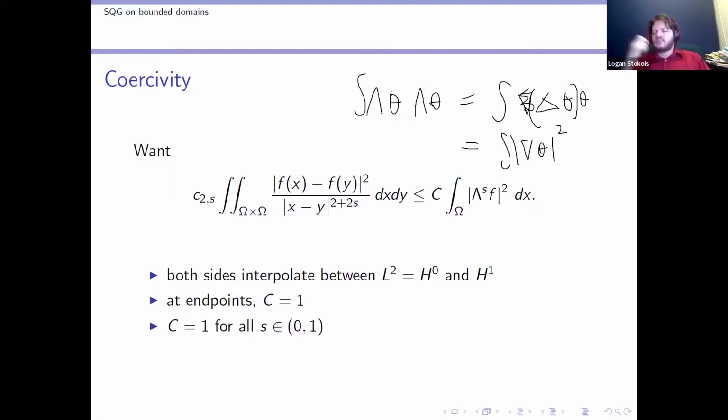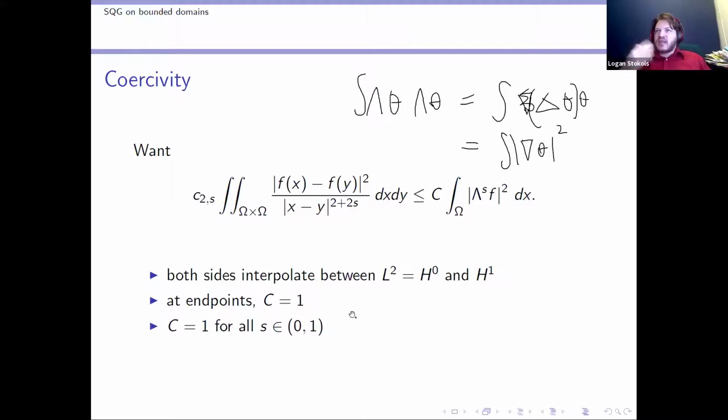Yeah. I think s equals 0 is just as fine as positive s, but these are very improper integrals, principal value integrals. This C2s is going to fix a lot of the problems that show up. Anyhow, you get this inequality for all s between 0 and 1, and in particular, your constant is 1.